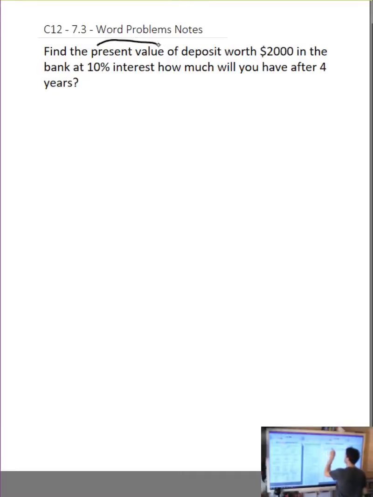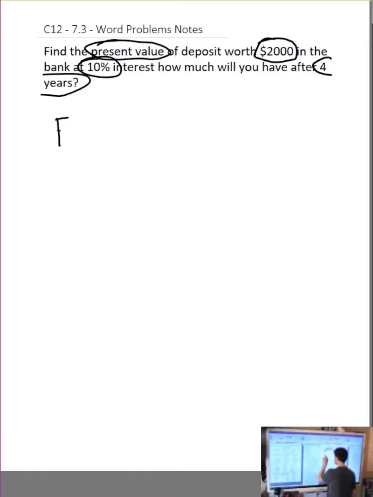Okay, find the present value of a future value worth 2,000 at 10% in 4 years. So we're back to money. Future value is present value times 1 plus the interest rate to the exponent time.